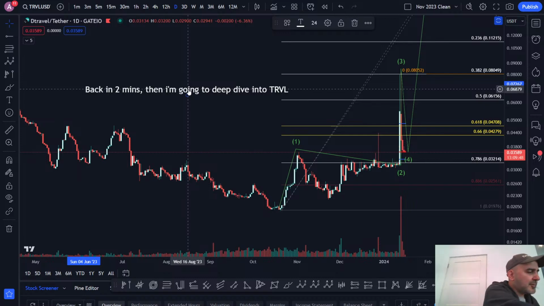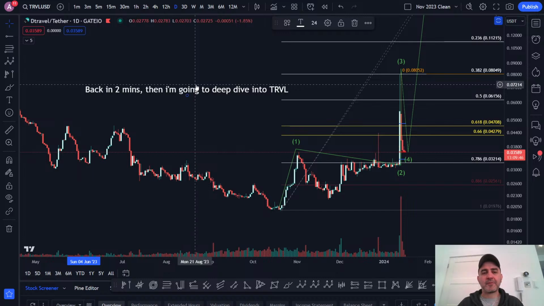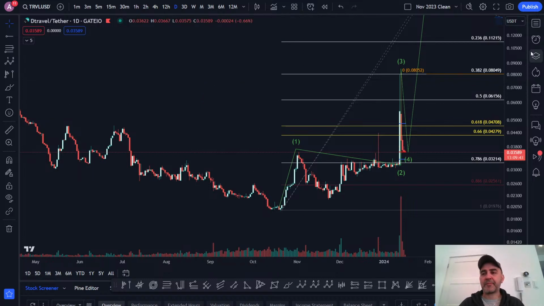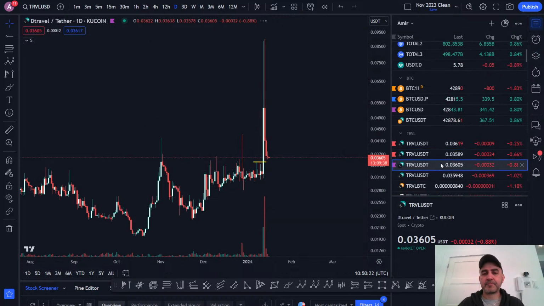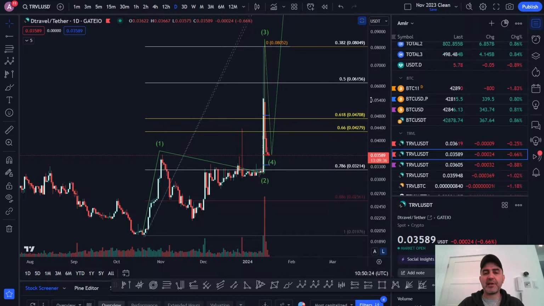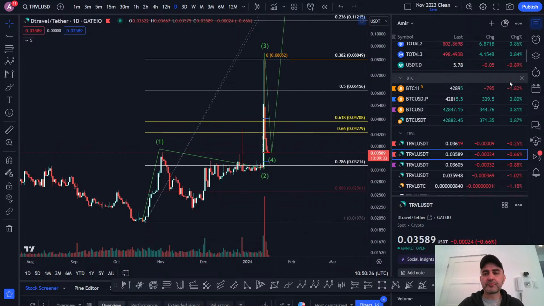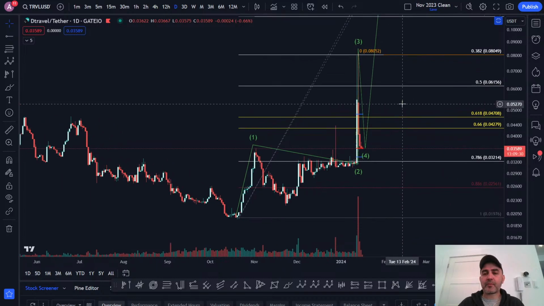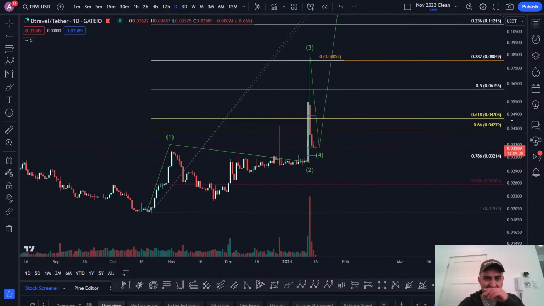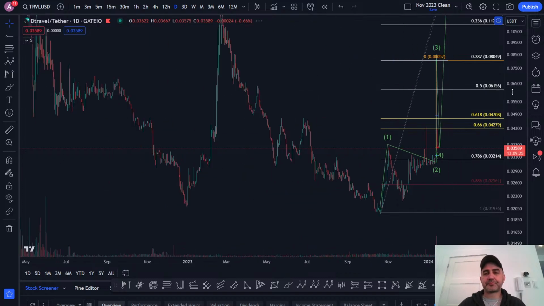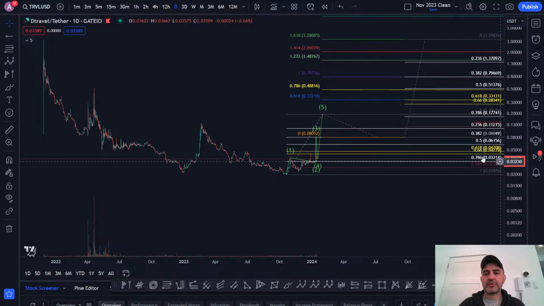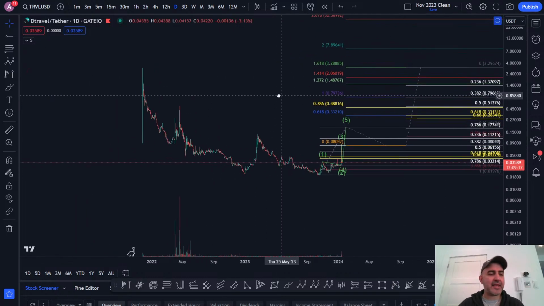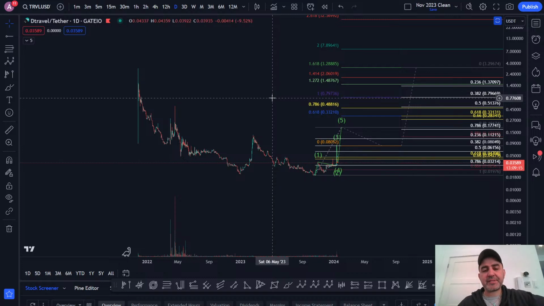All right, I'm back. I'm really liking the gate chart actually for different reasons, but I was looking at the Elliott waves yesterday, and I was trying to see if I could see where we are.